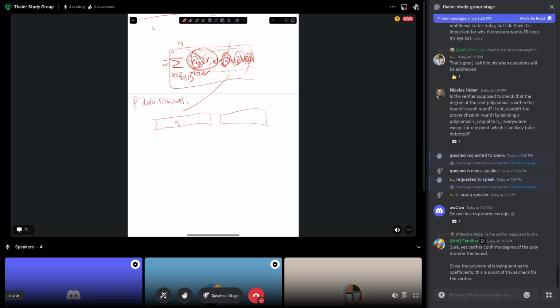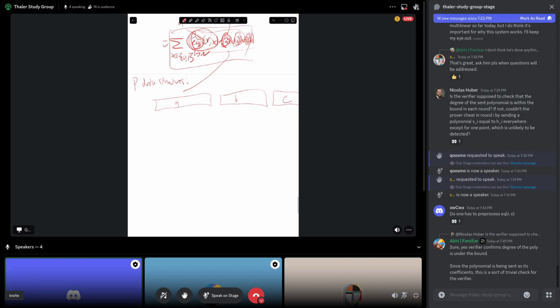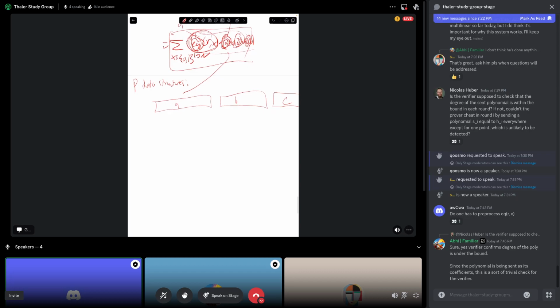So it just stores little a, little b, and little c at the start, in round 0. And actually, the standard thing to do is for it to also store all evaluations of EQ. So this is what the pre-computation question is asking about.